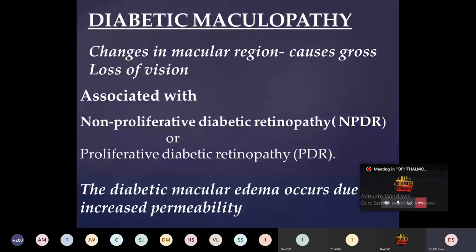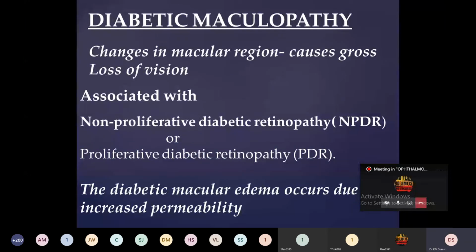Now we will come to diabetic maculopathy. It is studied as a different entity. Changes in the macular region due to diabetic retinopathy can cause gross loss of vision. It can be associated with non-proliferative diabetic retinopathy also, or with proliferative diabetic retinopathy.